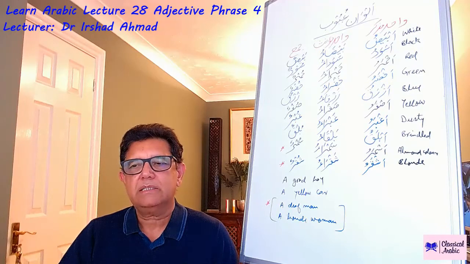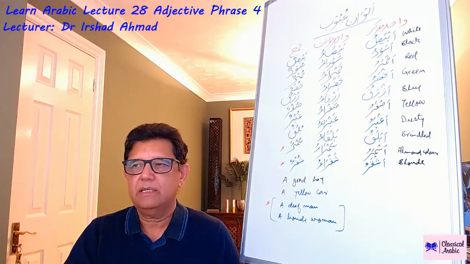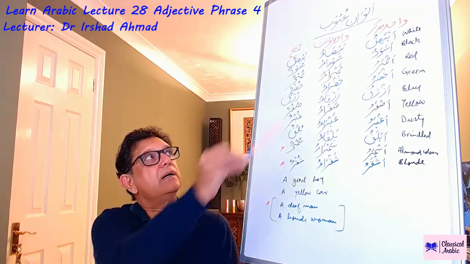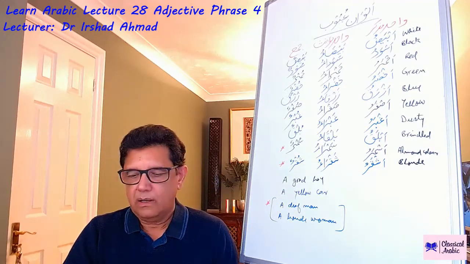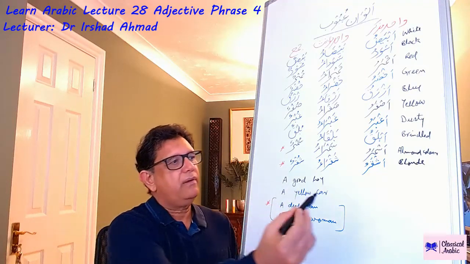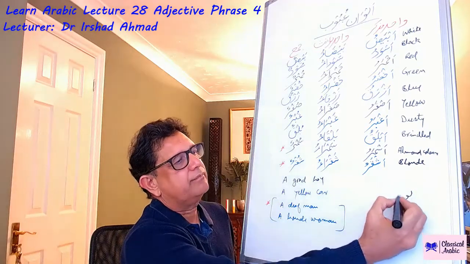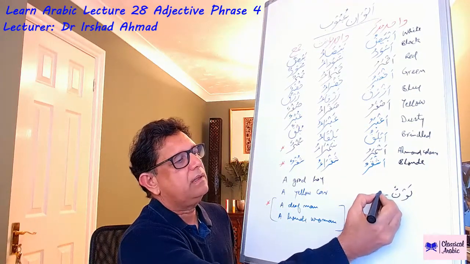In the context of Murakkab Tawsifi, our today's topic is Alwan Uyub, written right on the top up there. So Alwan and Uyub. Alwan is plural of lawn. Lawnun becomes plural alwanun.